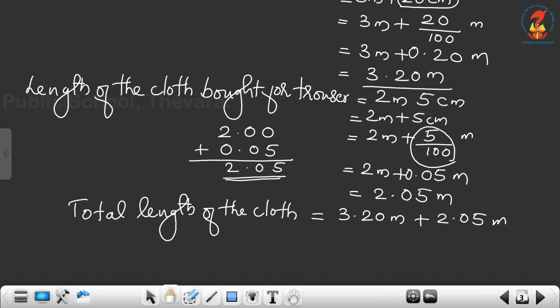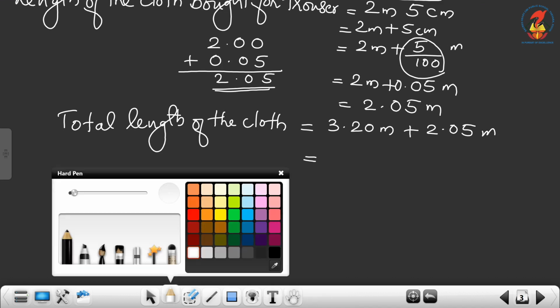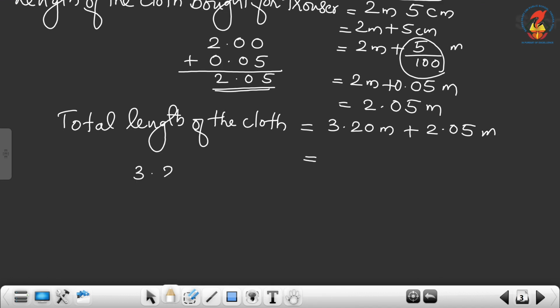So length of the cloth for a shirt plus length of the cloth for the trouser is equal to 3.20. Write down the first decimal number, then under the first one you have to write down the second one, so that the decimal point lies directly below the first decimal number. So 2.05. The decimal point should be in a straight line.